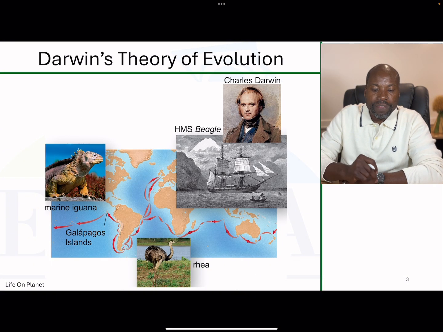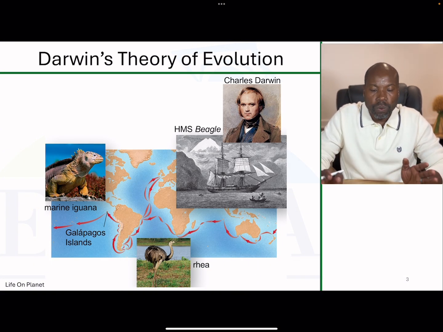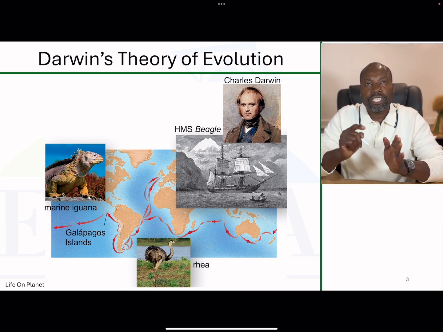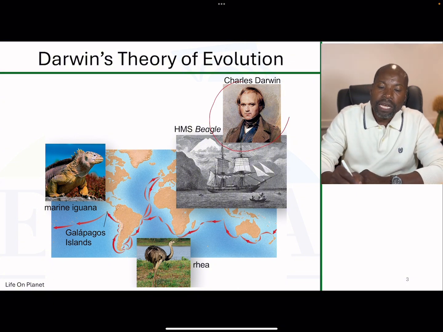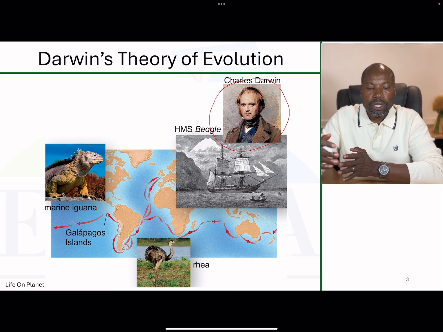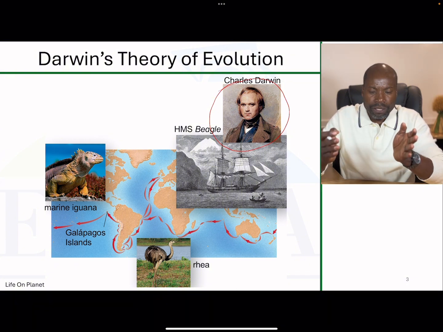All right, with that being said, now Darwin actually traveled the world on the HMS Beagle. Charles Darwin, traveling the world from Europe to Africa to South America, made a number of observations.